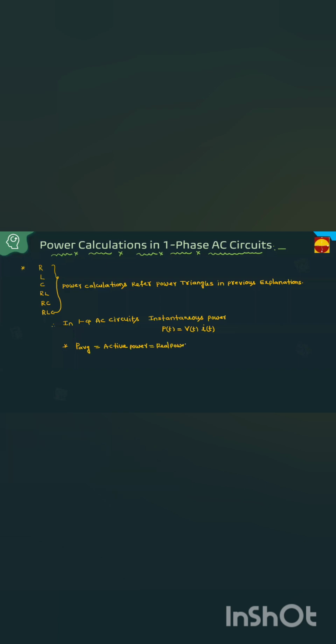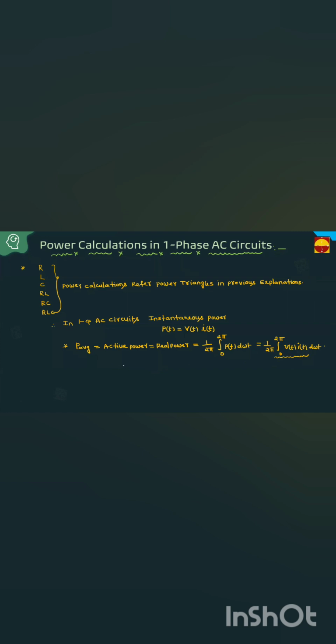Once you know the instantaneous power, to find the average power, we integrate 1 by 2 pi integral 0 to 2 pi p of t d omega t, that is 1 by 2 pi integral 0 to 2 pi v of t into i of t d omega t. This is the average power or active power or real power calculation.